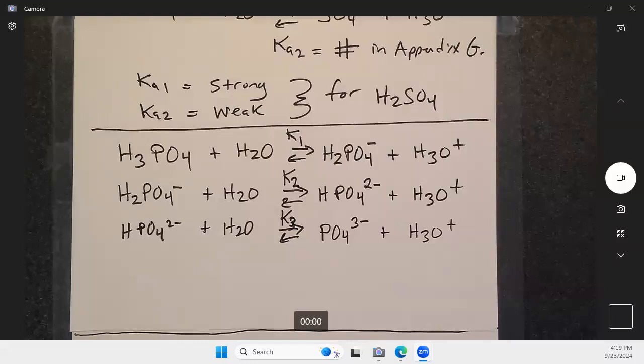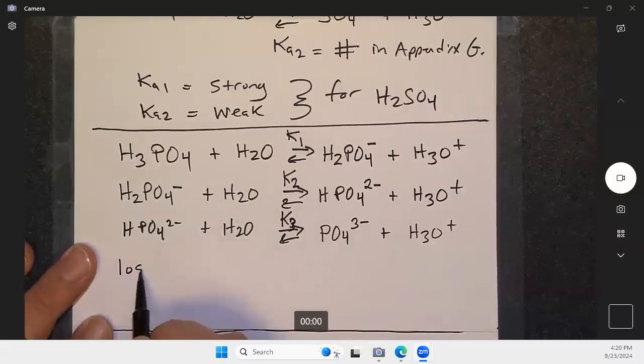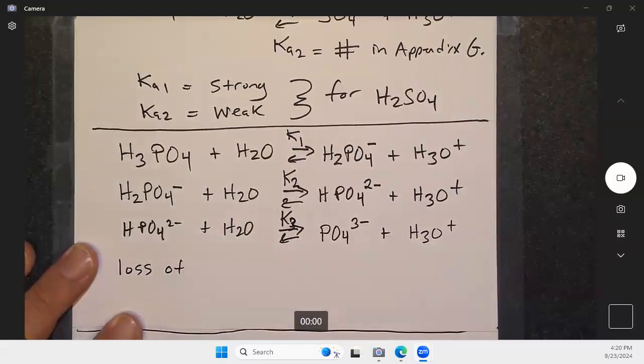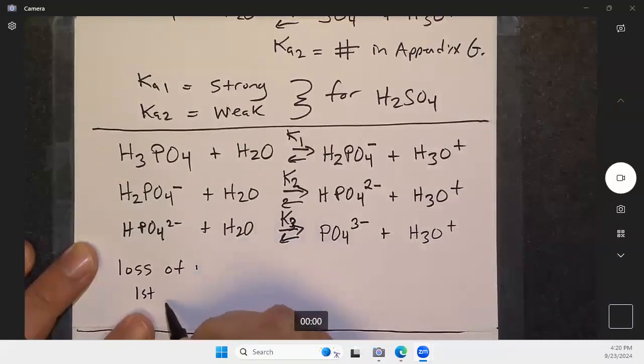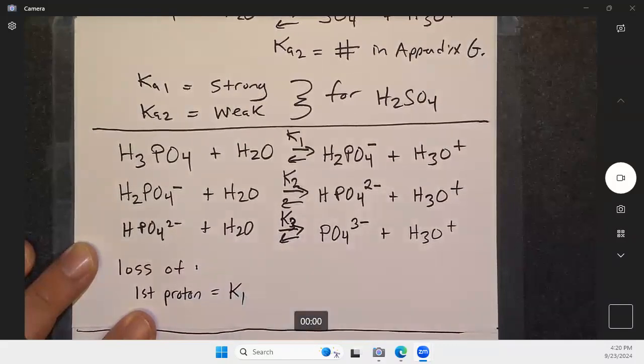Now, can that phosphate ion react further as a Ka reaction? It's out of gas, isn't it? It's got no more acidic protons to give up. So in terms of writing its Ka equilibrium, it's done for. So remember that loss of the first proton is K1.